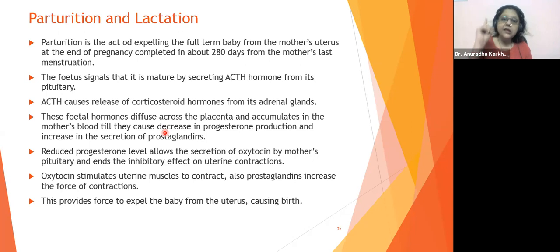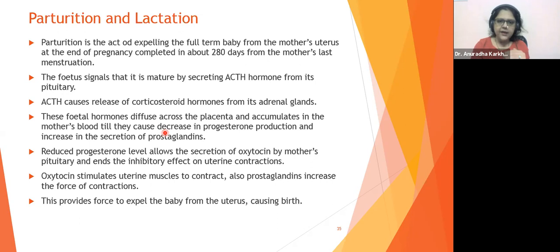ACTH, which is secreted by the fetal pituitary, causes release of corticosteroid hormones from its adrenal gland. So the adrenal gland is the next signaling step. See, just as the hypothalamus was secreting GnRH, which was coming to the pituitary, then the pituitary was making LH and FSH.